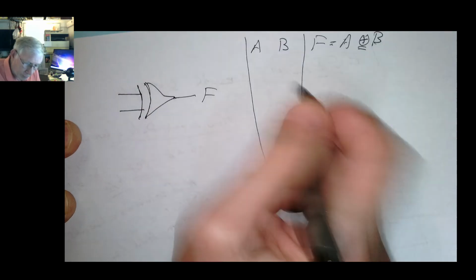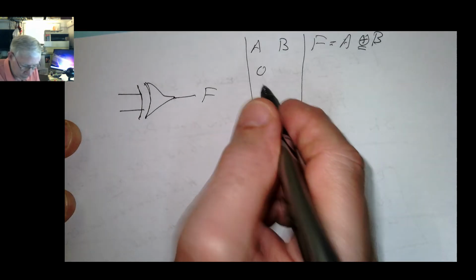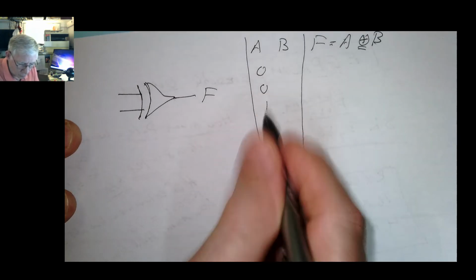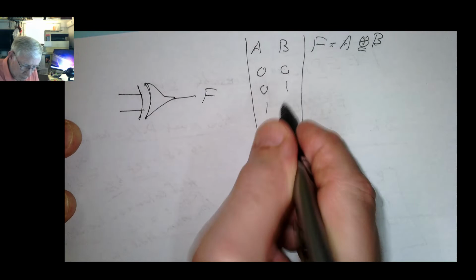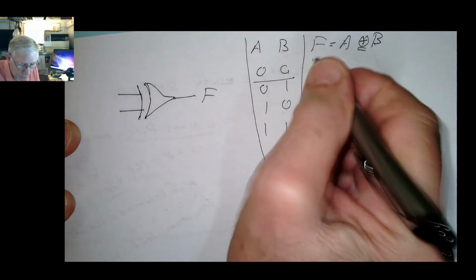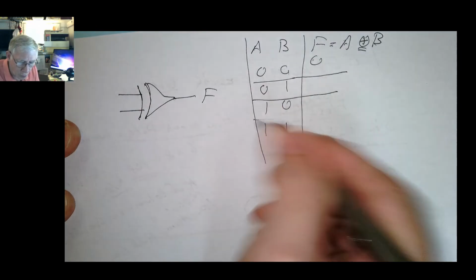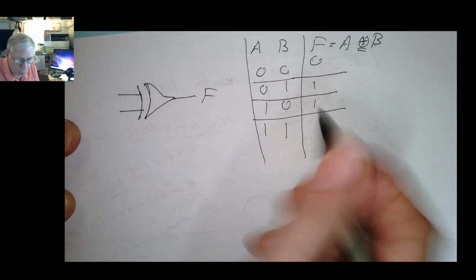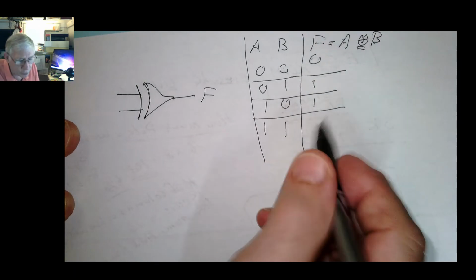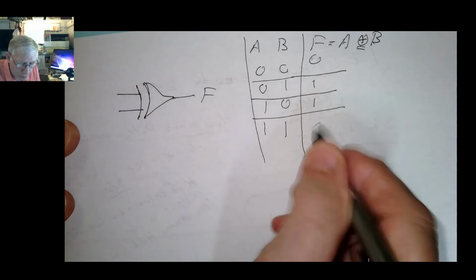All right, there should be 4 rows. 0, 0, 1, 1, 0, 1, 0, 1. Okay, so if both inputs are 0, F is 0. If any of the inputs are 1, F is 1. But what do we do if they're both 1? This is where it differs from a regular OR gate. In this case, we output a 0.